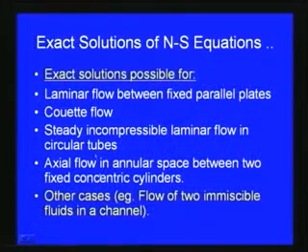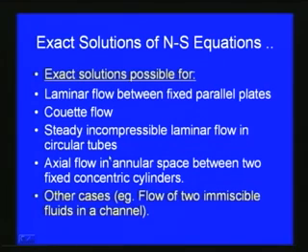Here we will discuss a few of the analytical or exact solutions possible for the Navier-Stokes equations, listed here. The first one is laminar flow between fixed parallel plates, which we will discuss in detail. Next is Couette flow, then steady incompressible laminar flow in circular tubes, axial flow in the annular space between two fixed concentric cylinders, and then the flow of two immiscible fluids in a channel under steady state conditions.